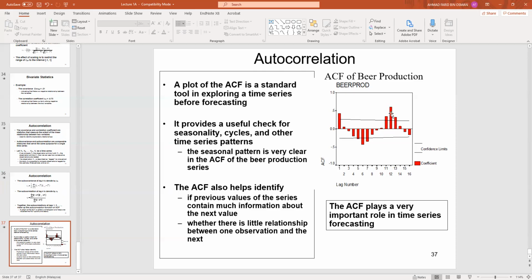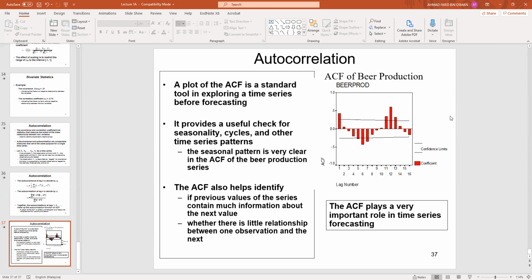It indicates the presence of seasonal variation, because the production value for January this year depends on the production value for January last year. Similarly, the production value for February this year depends on the production value last year. So there is a relationship between the values for this year and last year. You can see at lag 12, Yt and Yt minus 12, it has a high value, so it indicates the presence of seasonal variation.